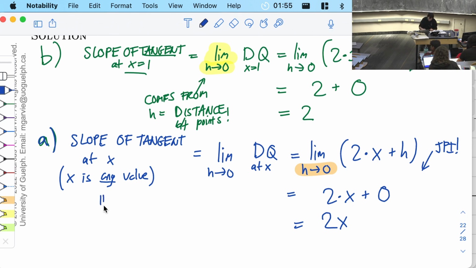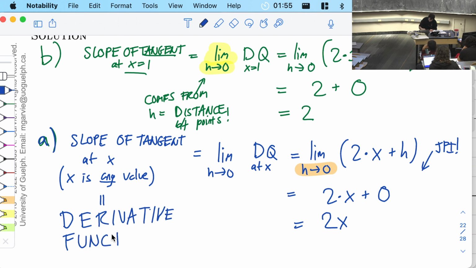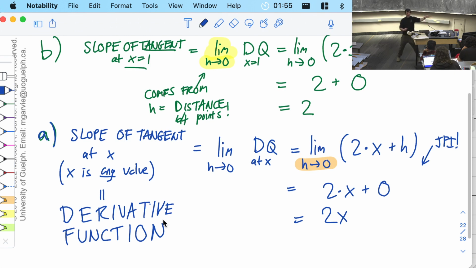This is actually the same thing as the derivative function. And the derivative function means exactly this thing, the slope of the tangent line depending on what x value you're looking at. So we have proven that the derivative function for x squared is this new function 2x.